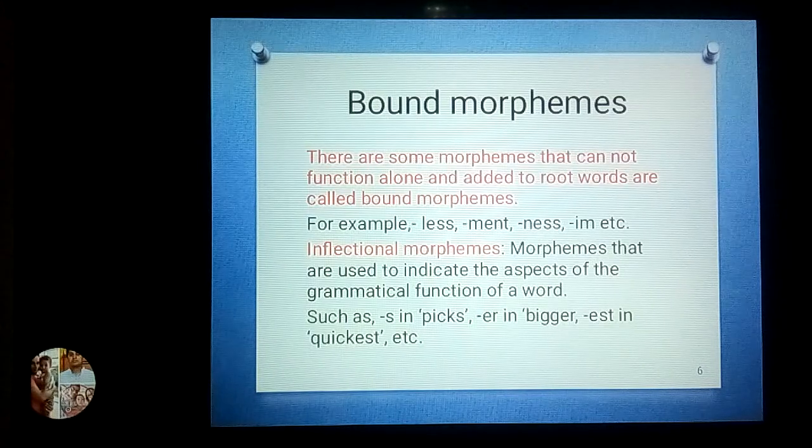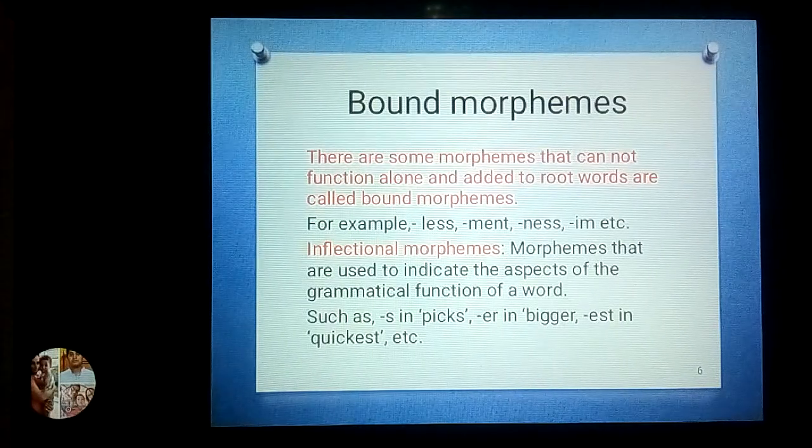Here, in is a bound morpheme that cannot exist independently. When it is added to the word partial, then it is meaningful.